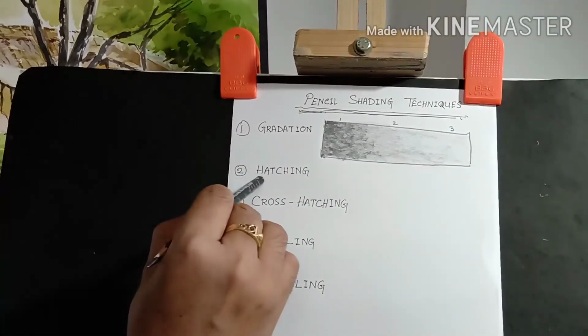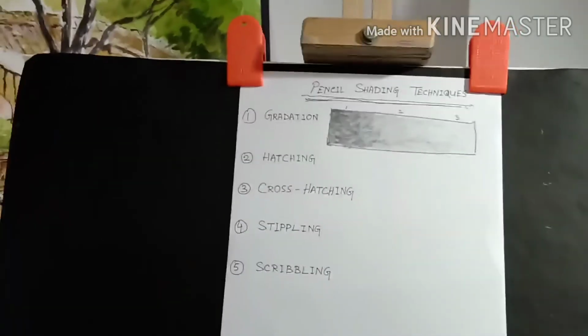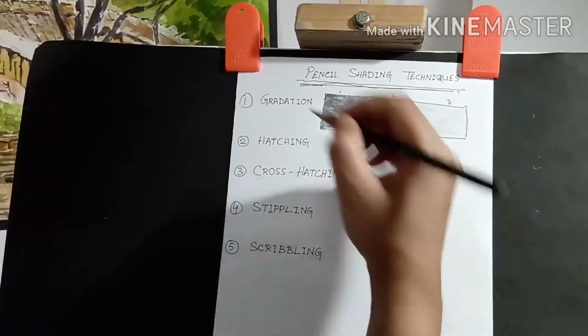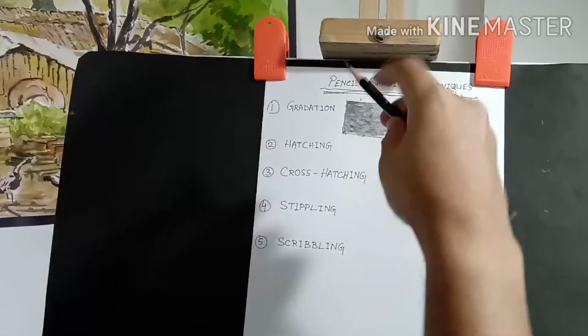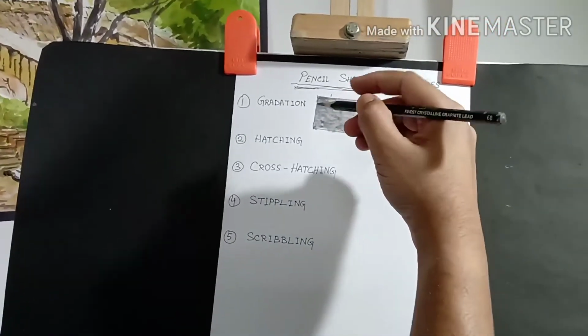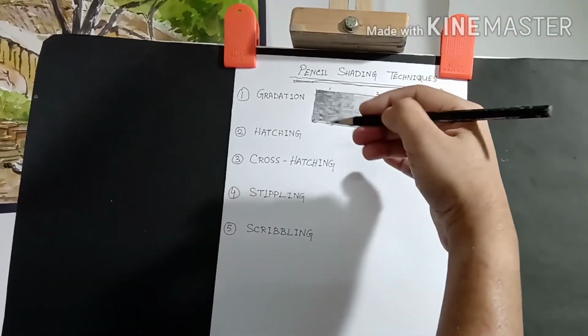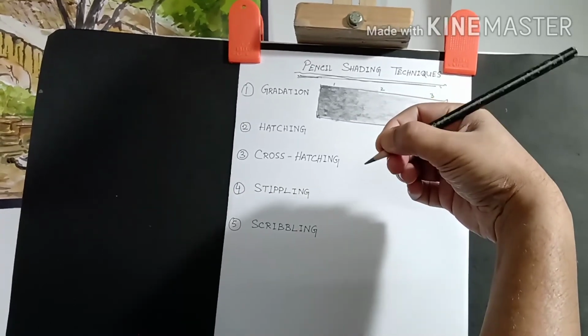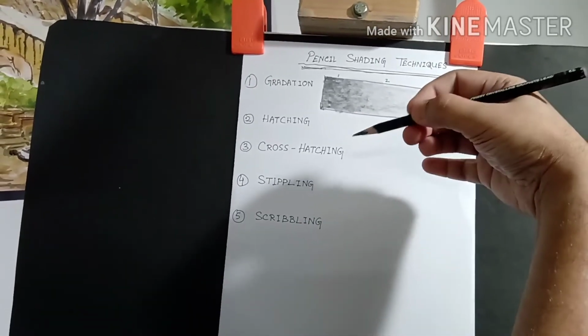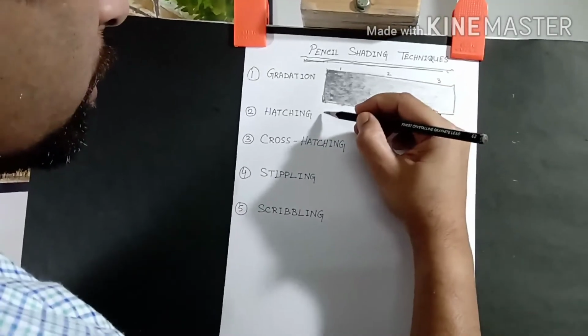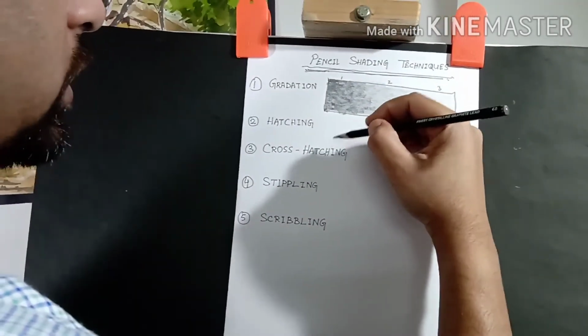Now next is hatching. What is hatching? For hatching you just hold your pencil normally, not like a pen. You hold it a little bit up, and your hand position is like that.